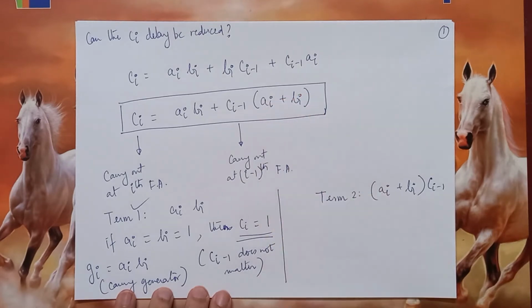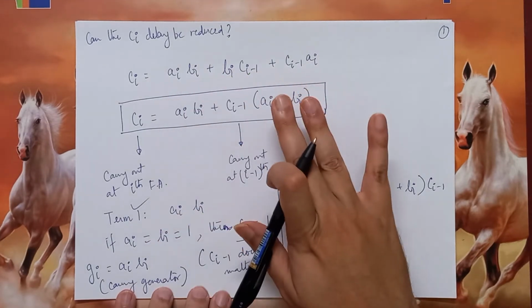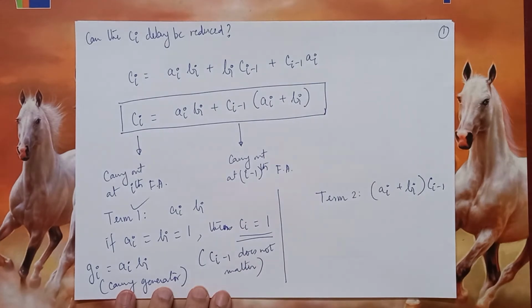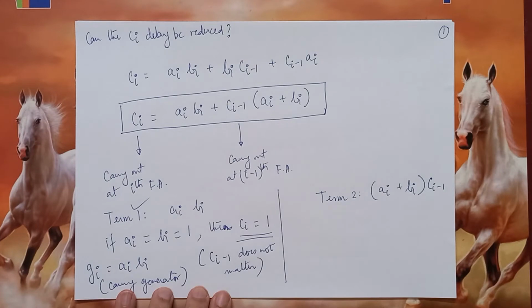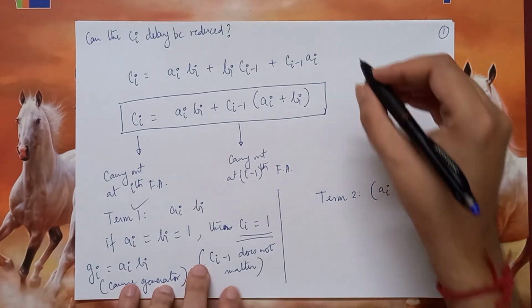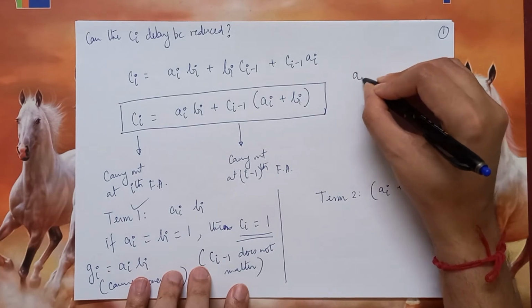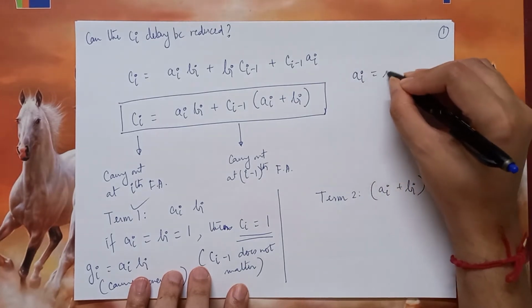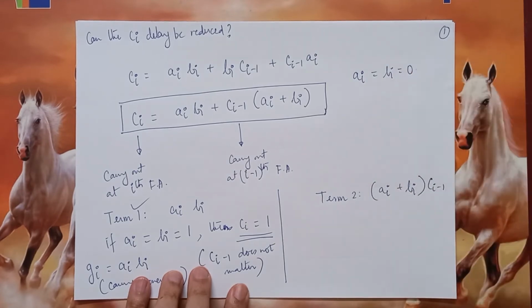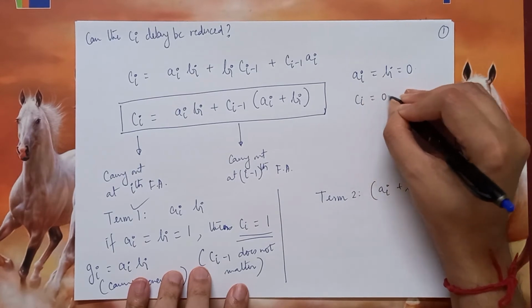Now when ai and bi are both 0, what will happen? When ai and bi are both 0, term 1 does not matter, even term 2 becomes 0, because anything ANDed with 0 is 0. So therefore there is no carry. So one trivial case, another trivial case which we can rule out directly, is that if ai and bi are both 0, then ci is 0.